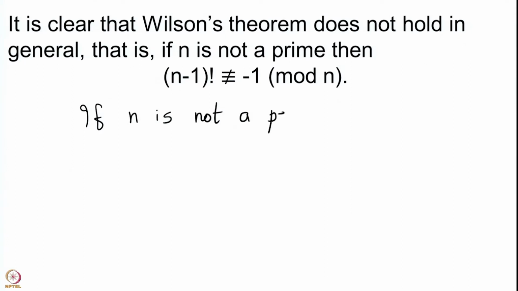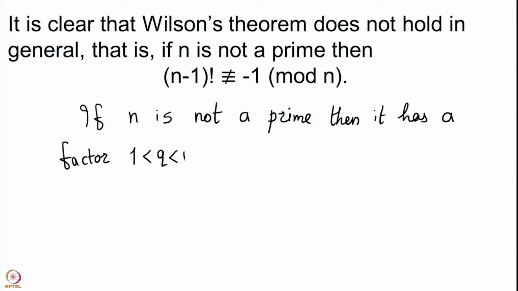If n is not a prime, then it has a factor which is not equal to 1 and not equal to n by the very definition of primes, but you can also get that factor to be itself a prime.